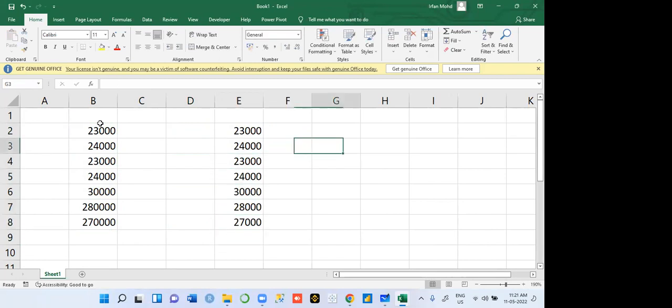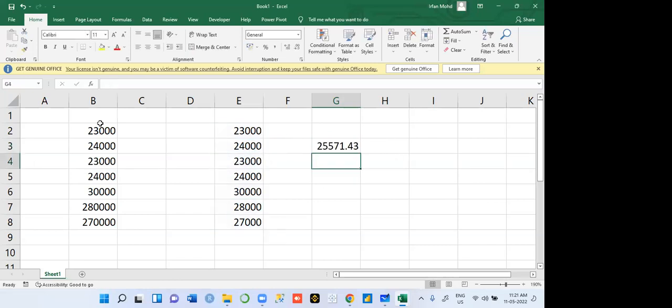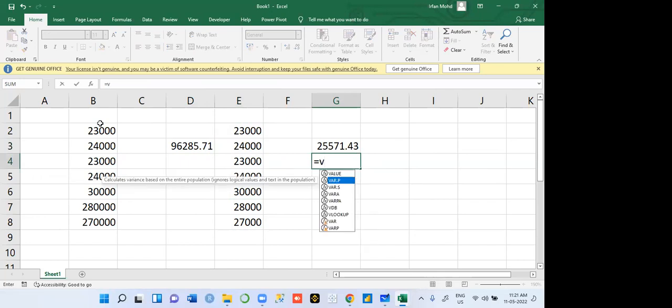If I compute variance over here, guys, first I'll compute the average and show you. Now I'll compute your variance.